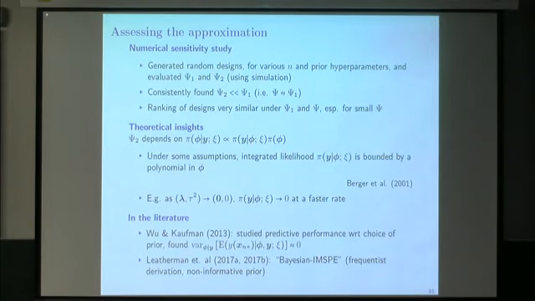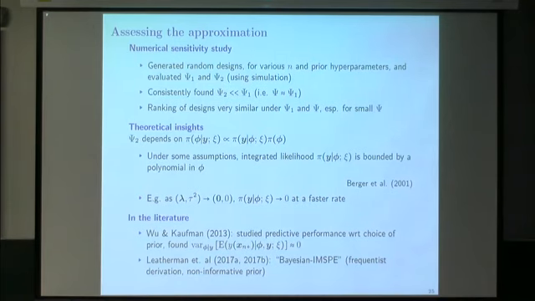We also have some evidence from the literature, where Yu and Kaufman studied the predictive performance with respect to different priors, and they also found that the variance of the mean of the conditional posterior predictive distribution is very close to 0.